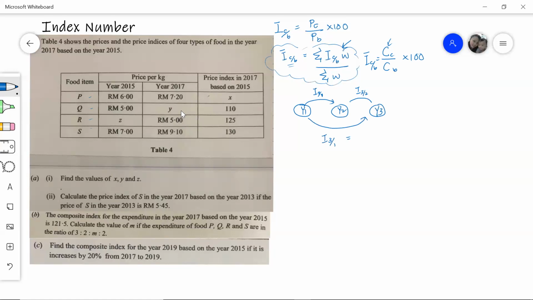The formula will be, let's call this A, let's call this B, just take A times B over 100. This is the formula. So with all these three things, now we can solve the question.